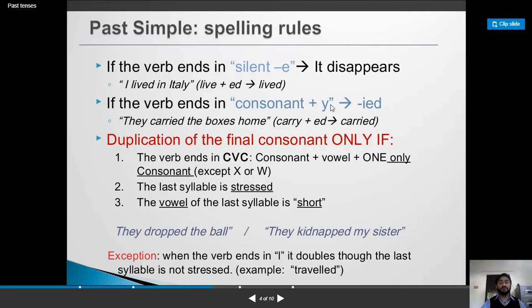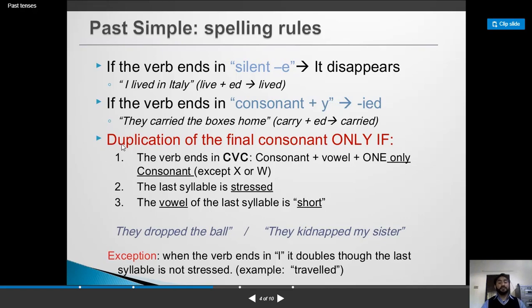So whenever there's a y and before the y there's a consonant, the y should be changed into i and then we add ed: carried.